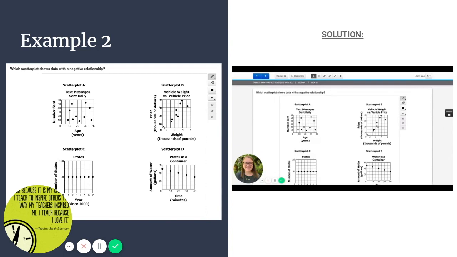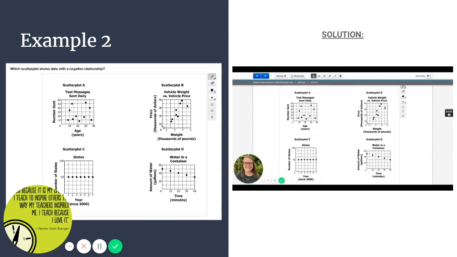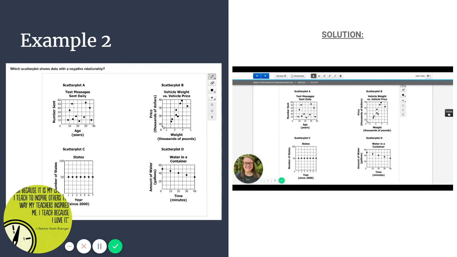So remember, a negative relationship means that as one thing is increasing, the other one is decreasing. So if we look at this first option here, scatter plot A, the dots are kind of all over the place. There's not really a pattern. There's no clear understanding of what's going on between our age and the number of text messages sent.